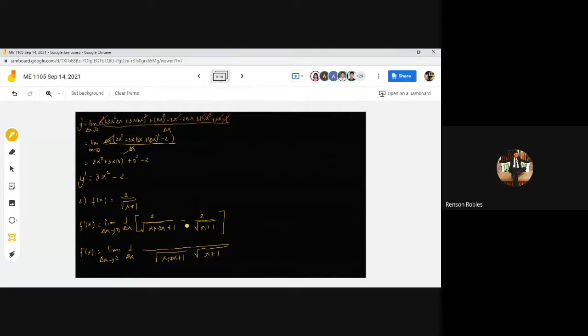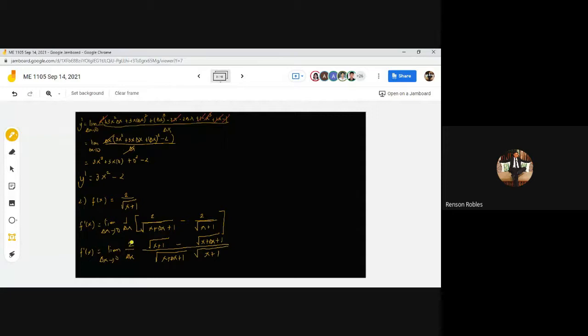And then you just multiply 2 the square root of x plus 1 minus 2 the square root of x plus delta x plus 1. Then what comes next? What do you think we are going to do? If you want to make it a little simpler, this 2, you can also throw outside. So you make this 2 over.